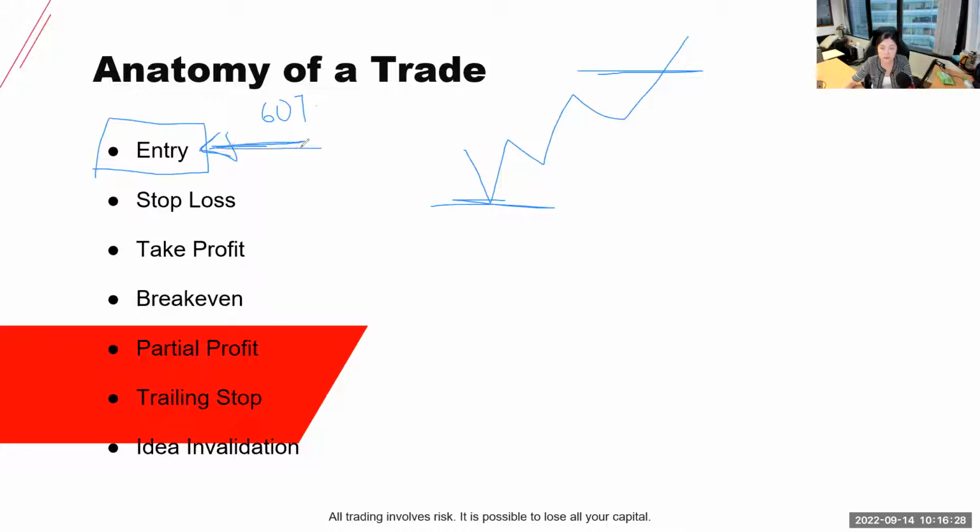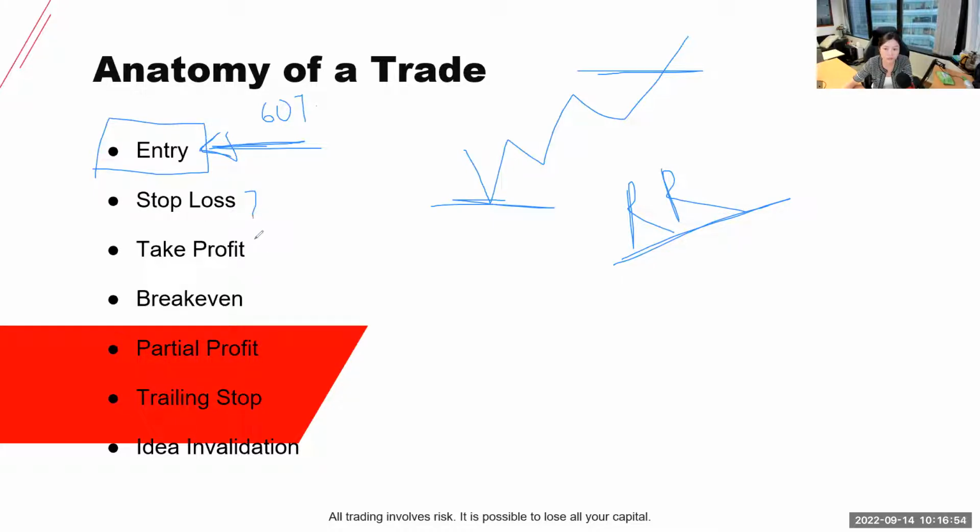Let me know in the comment section if I'm correct, whether you also focus a lot on the entry part. I'm pretty sure most of us focus a lot on catching the entry first, and then we do our risk to reward after, correct? Or we only think about our stop loss and take profit after.